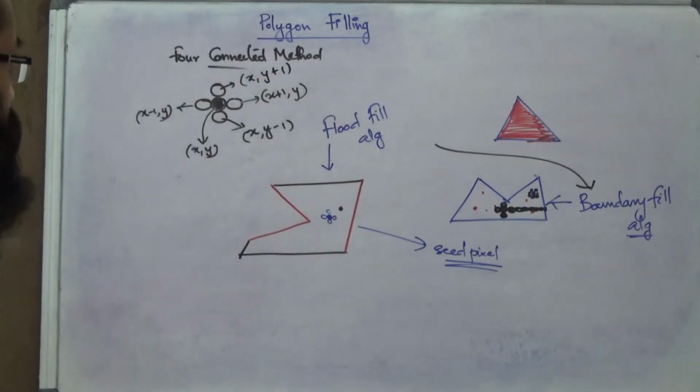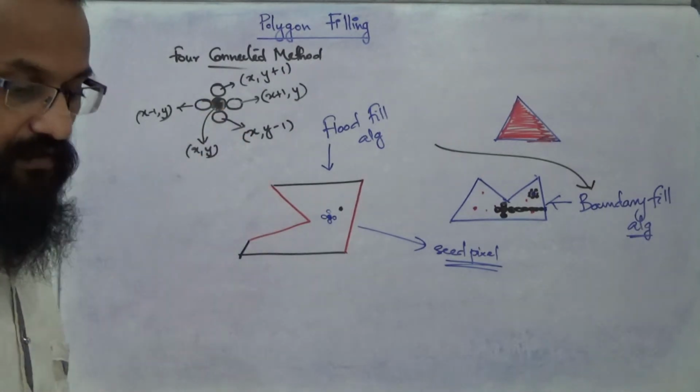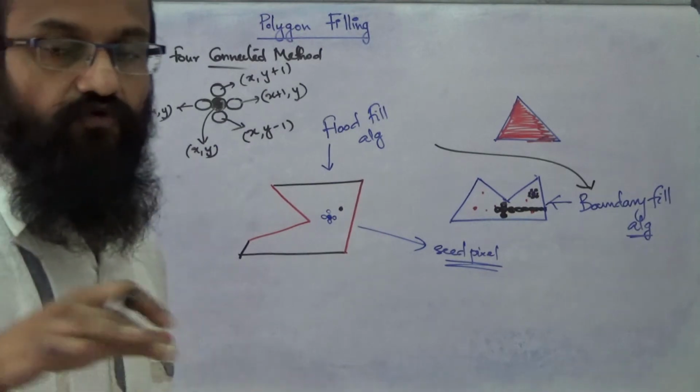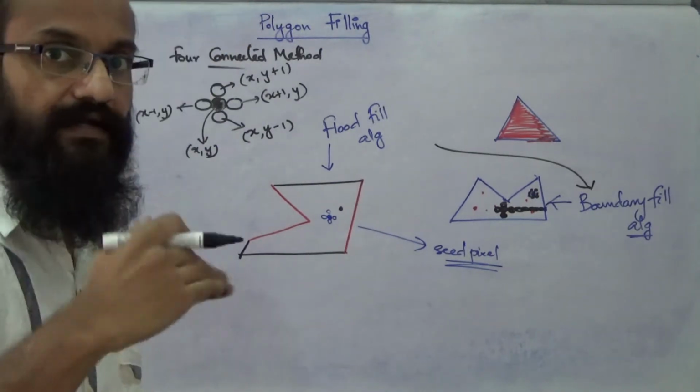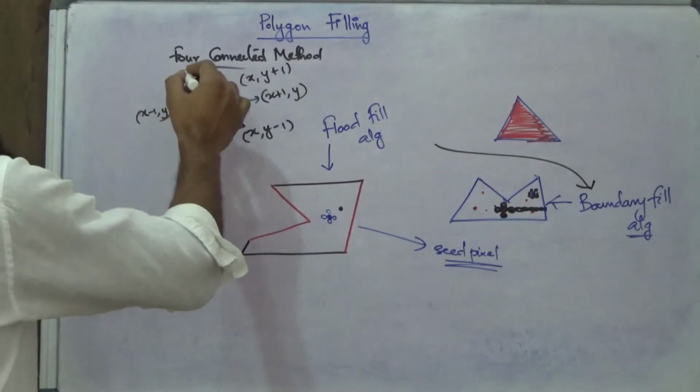That is, for the current pixel, the recursion will proceed to its 4 adjacent pixels, that is the left pixel, right pixel, top and bottom. That is what you mean by the 4 connected method.